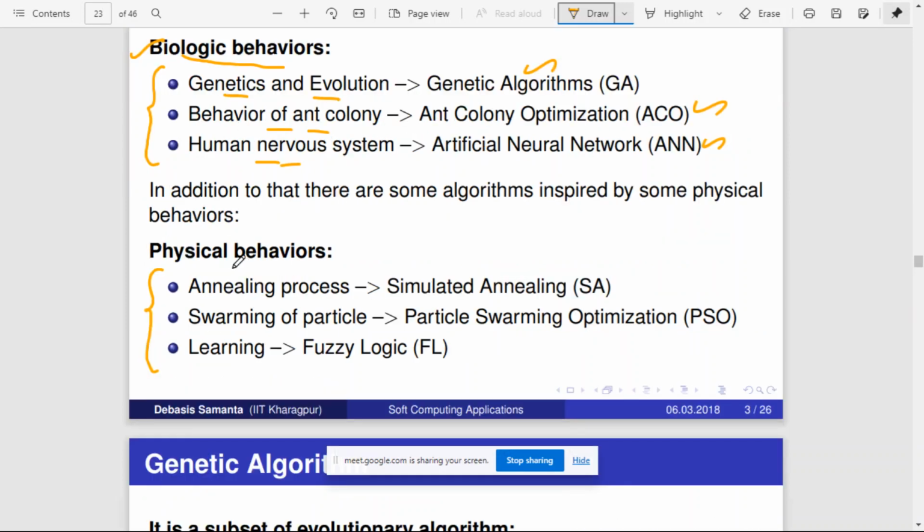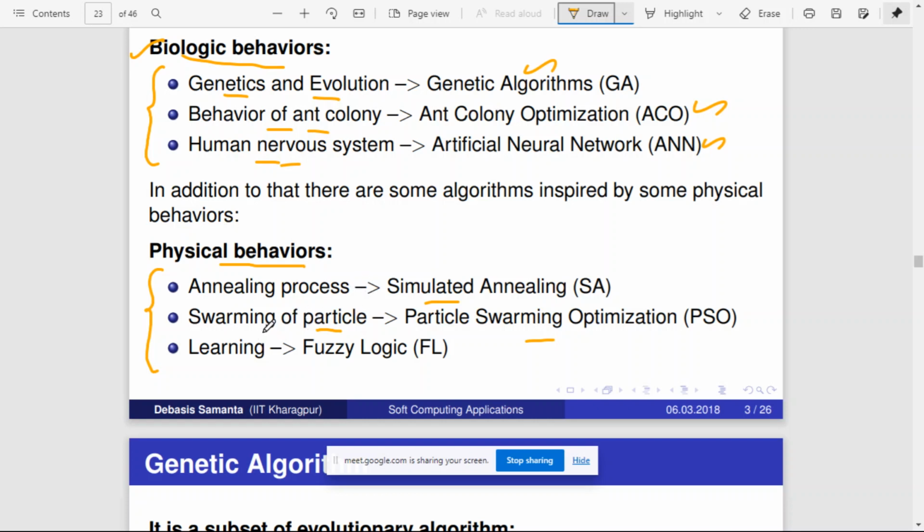Similarly, there are algorithms which are inspired by physical behaviors. Okay. So there is a process called annealing in chemistry. The algorithm which is inspired from this annealing process is called simulated annealing, and the algorithm which is inspired from the movement of particles is called particle swarm optimization, right?